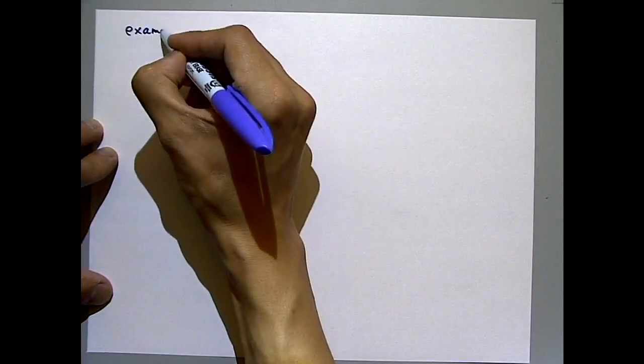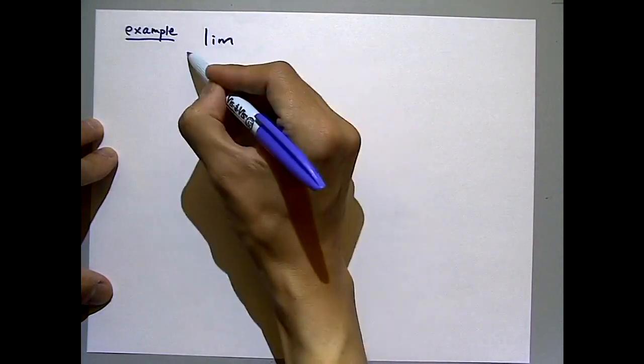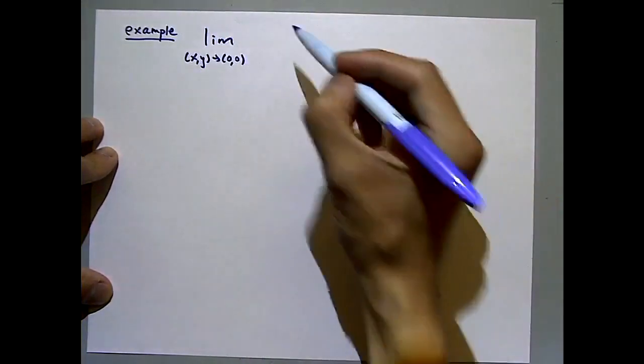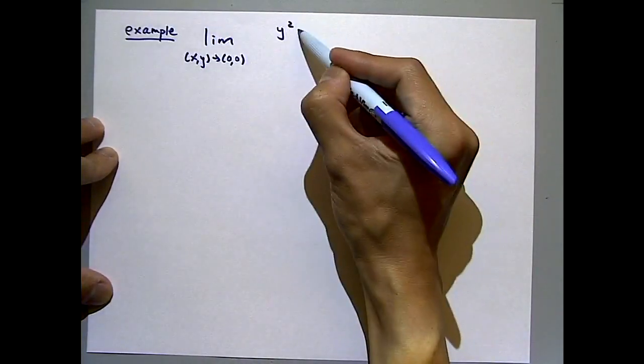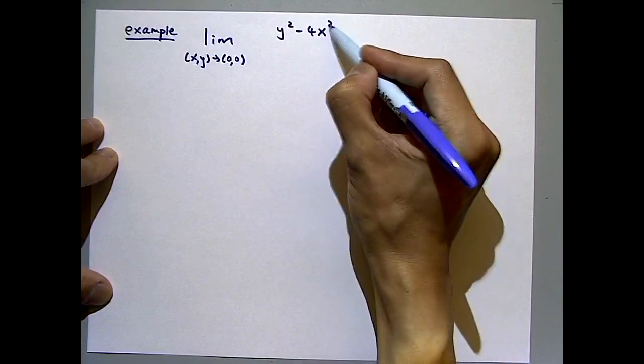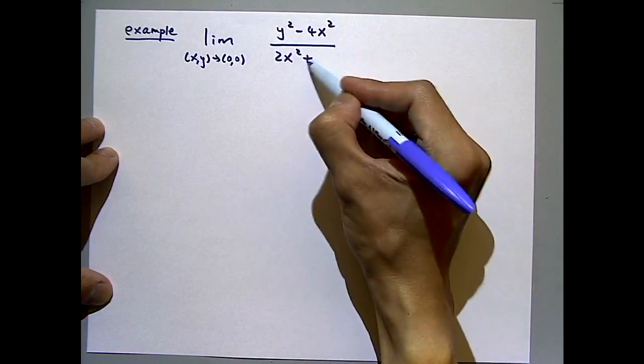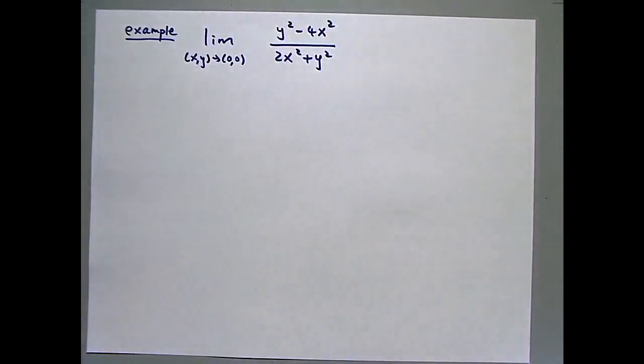Okay, let's try this out. Limit as (x, y) goes to (0, 0) of (y squared minus 4x squared) over (2x squared plus y squared).